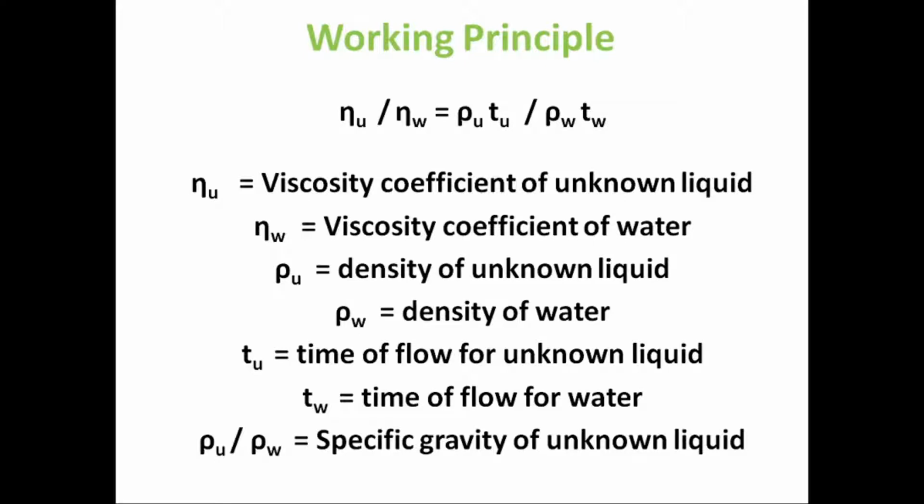As you all know, this principle has been derived from Poiseuille's equation, and it is eta u by eta w is equals to rho u Tu by rho w Tw, where eta u is the viscosity coefficient of unknown liquid, eta w viscosity coefficient of water, rho u is the density of unknown liquid, rho w is density of water, Tu time of flow of certain volume of liquid through a capillary, Tw is time of flow of same volume of water through the same capillary, and rho u by rho w, this ratio is specific gravity of that unknown liquid.